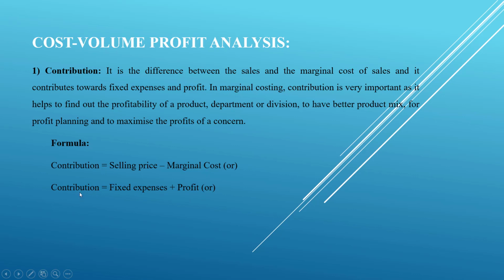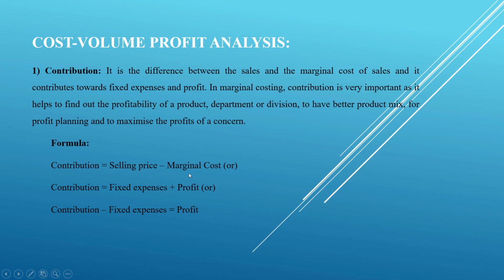Or again, this can be written in this way: contribution equals fixed expenses plus profit, right? Now you just bring these fixed expenses to the right hand side, and you can see contribution minus fixed expenses is equal to profit.